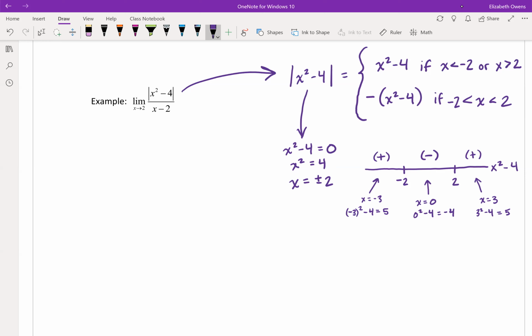Okay. Now you might look at that and say, well, what if x actually equals positive or -2? And there's not really a standard convention for that. Because remember, when x actually equals plus or minus 2, the value of x squared minus 4 is 0.